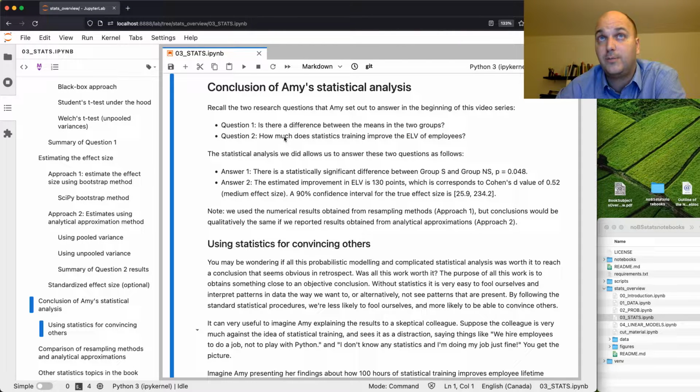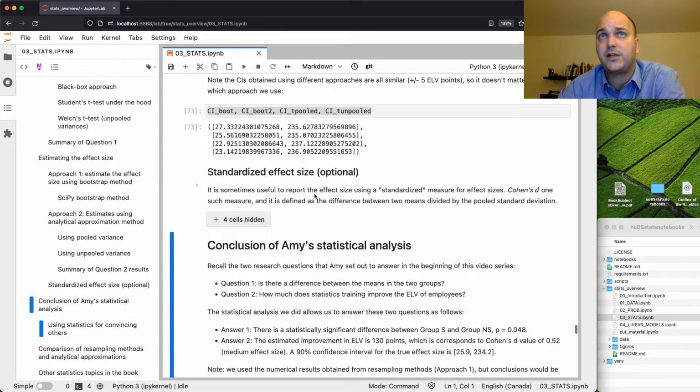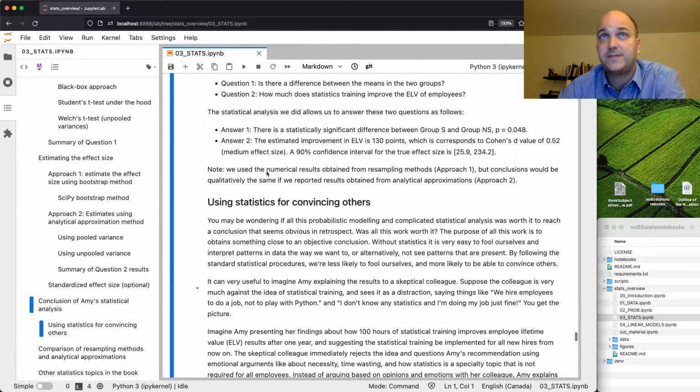Then, how much does the statistics training improve EOV? So in other words, what's the effect size? And the answer, as we just saw, is 130, which is the Cohen's d, the standardized effect size. And this is the new part, why we did all this confidence interval stuff.